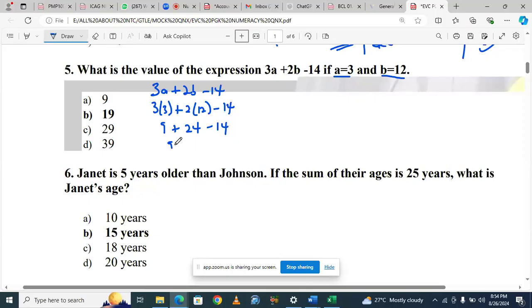So it will be 9 plus 24 minus 14. So 9 plus 24 will give us 33, minus 14 is 19.